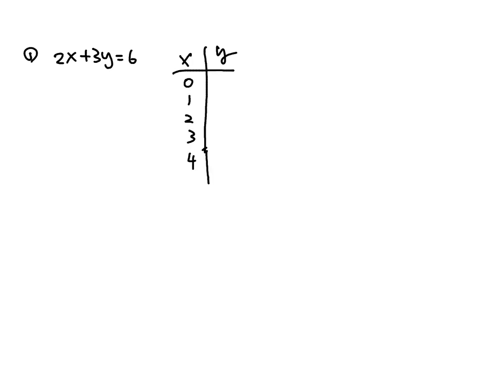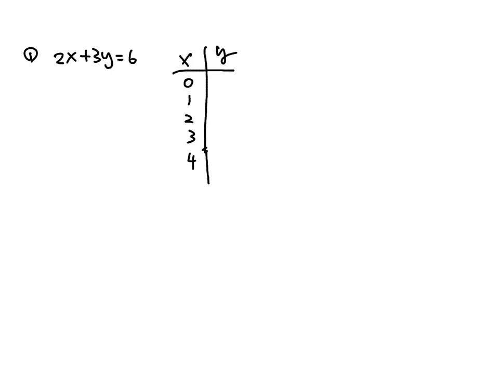Alright, so let's go ahead and graph a line with a table. We're going to start out with 2x plus 3y equal to 6. And I know a lot of times when students try to graph and make a table, they go automatically 0, 1, 2, 3, 4 or something like that.